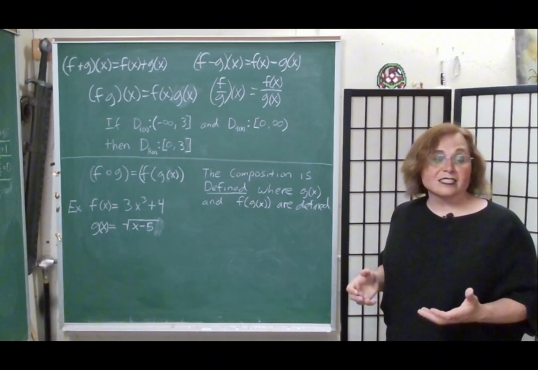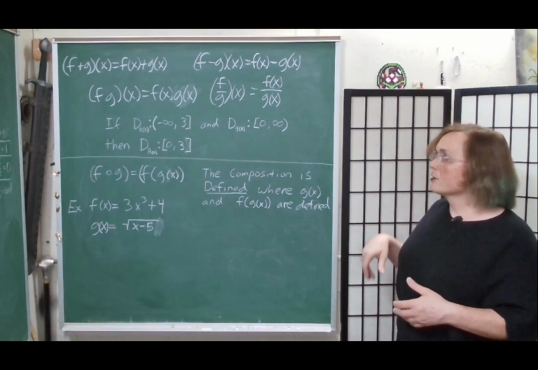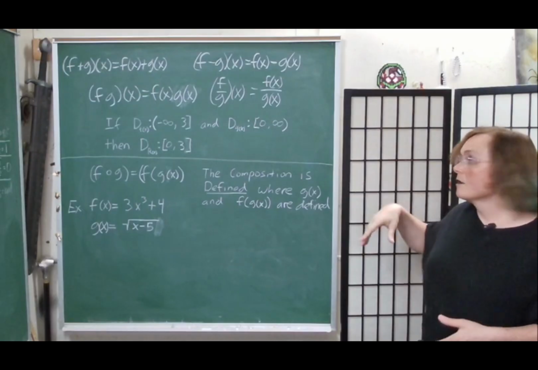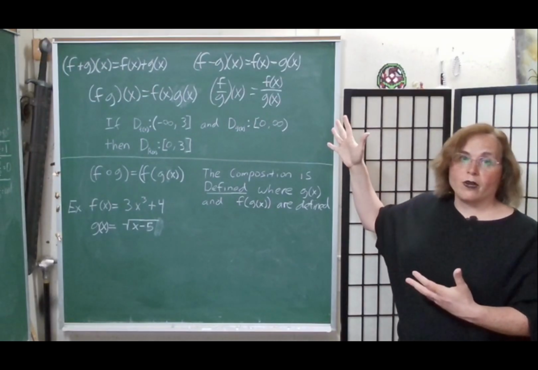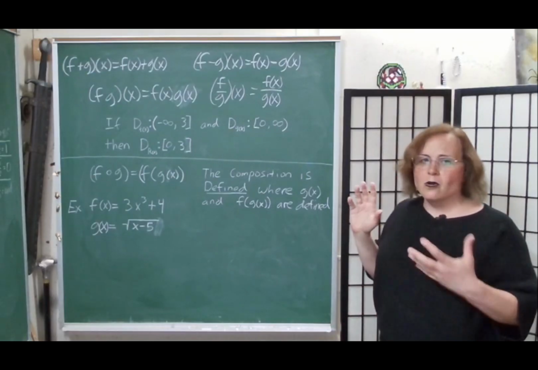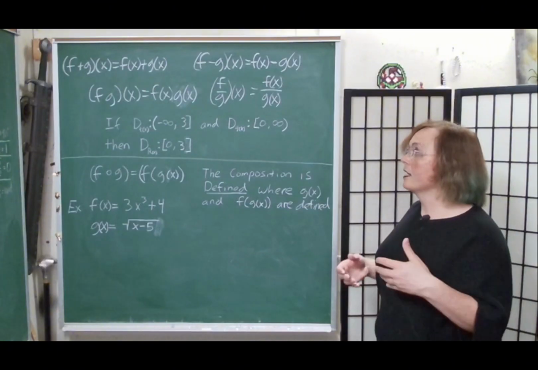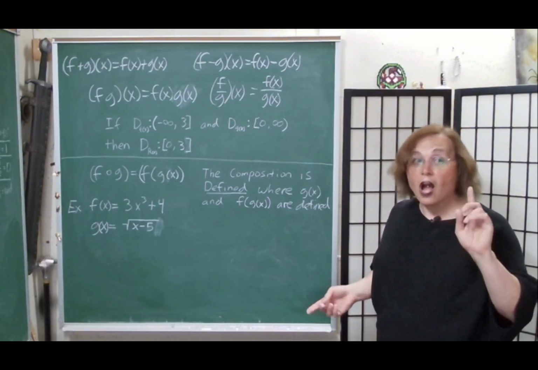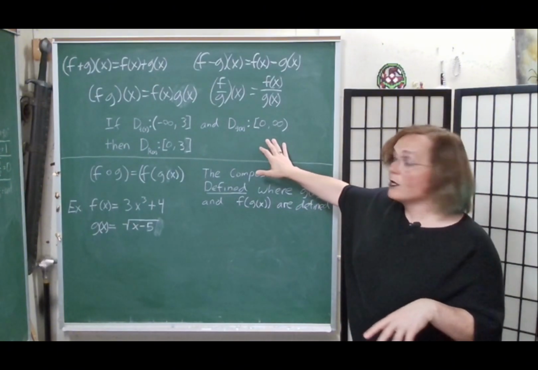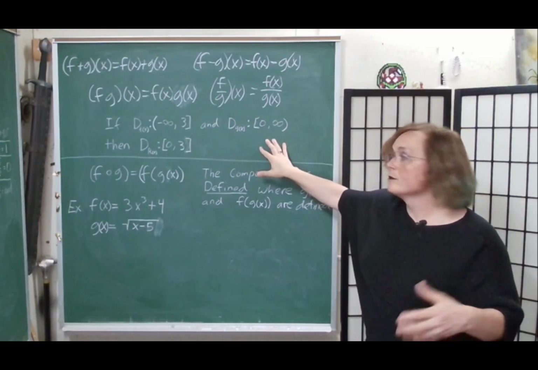Okay, so the last thing we're going to talk about here are the function operations, and they're obviously broken up into two pieces. The top are the basic operations that are just like the ones we use in arithmetic. We're not going to talk a whole lot about those because they work just like they do in arithmetic, and there's not a whole lot to say there other than this part in the bottom where you have to consider the domain of the resulting function.